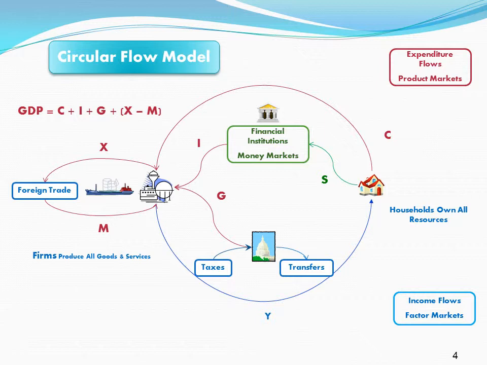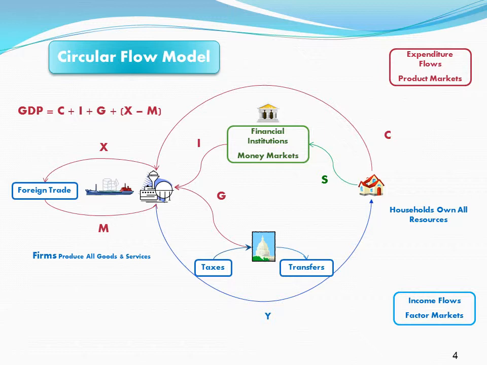So everything that's produced on our shores, the total amount of things that were produced, gross domestic product, is equal to these spending streams or expenditures. Consumption plus investment plus government spending plus exports minus imports. So consumption by households, food, clothing, cars, etc. Investment by firms and households, so plant, equipment, and housing.